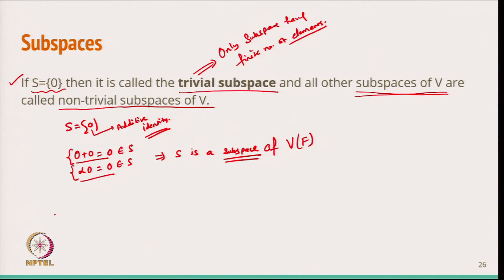Now, the next thing is how we can check whether a set is a subspace or not. So, I just want to give one property: the subspace must contain the 0 element of the vector space V. 0 element means additive identity, and a subspace always contains this.